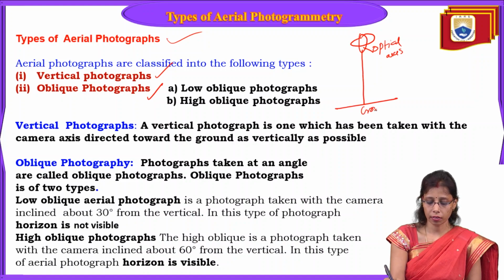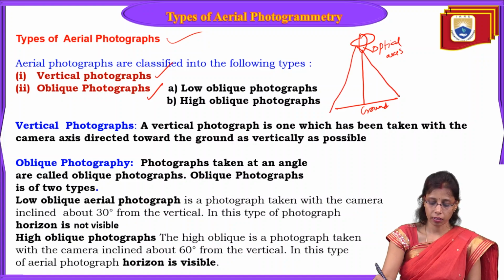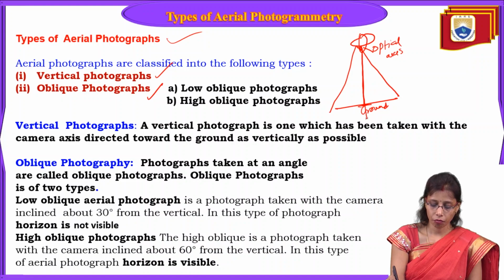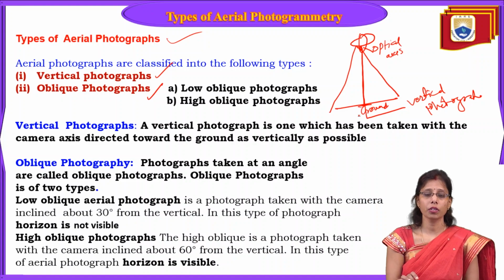This is the ground, and here is the area to be covered. So a photograph taken with the optical axis exactly vertical to the ground is known as a vertical photograph, which is exactly vertical to the ground, right?